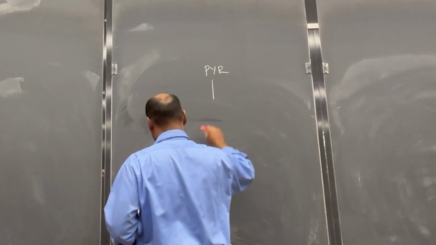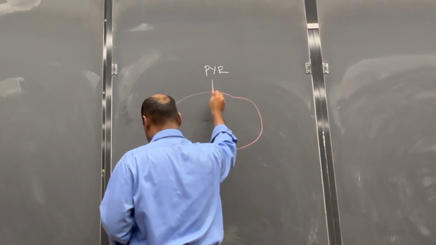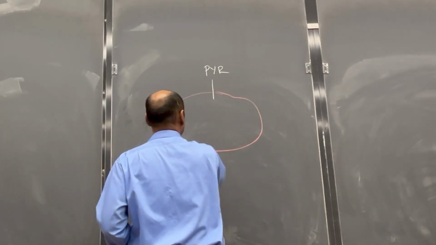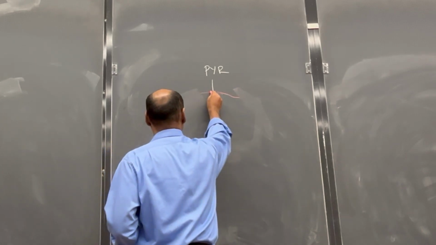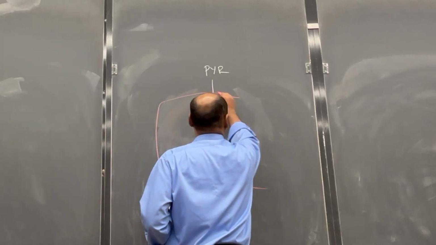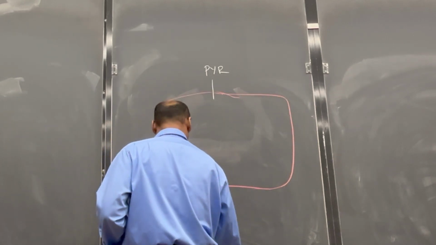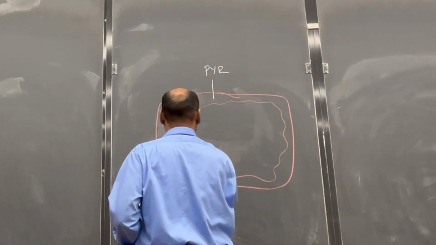mitochondria. And so here we have, if this is our mitochondria, you need to draw it bigger to show all the things that are happening inside it. Okay, and it has all the cristae and whatnot inside.